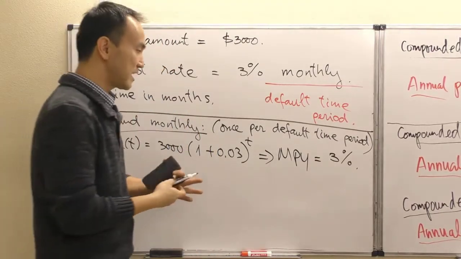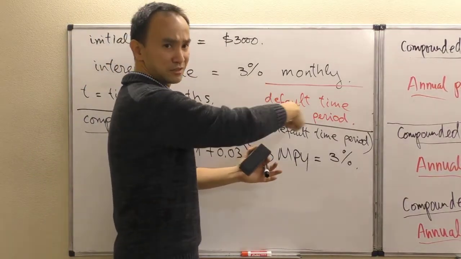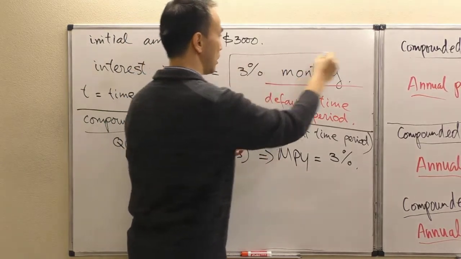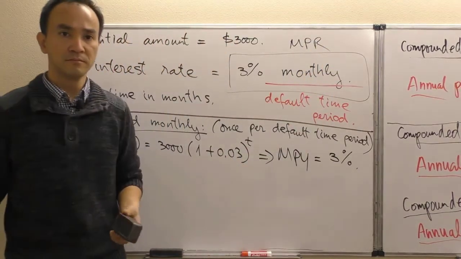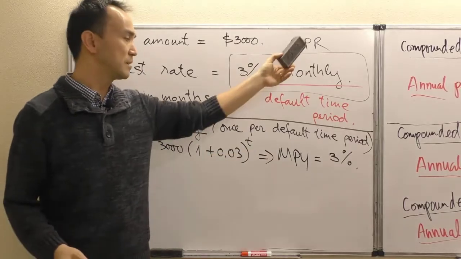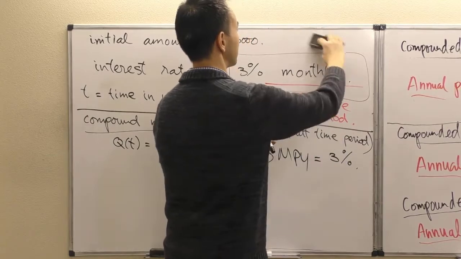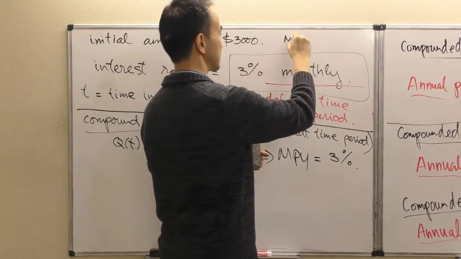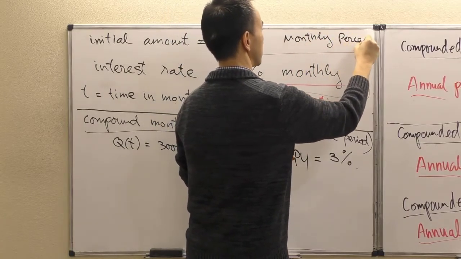And so in this case, MPY equals 3%. Where the default time period is a month, we can also call this the MPR, monthly percentage rate. We can call that value, that percentage, that interest rate here, the monthly percentage rate.